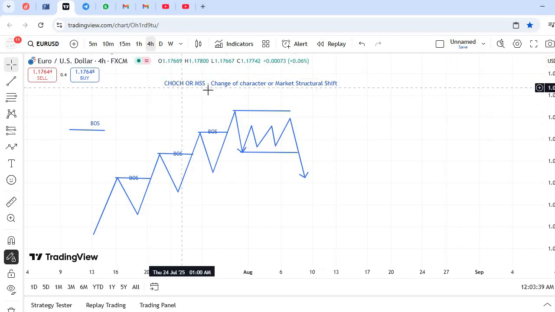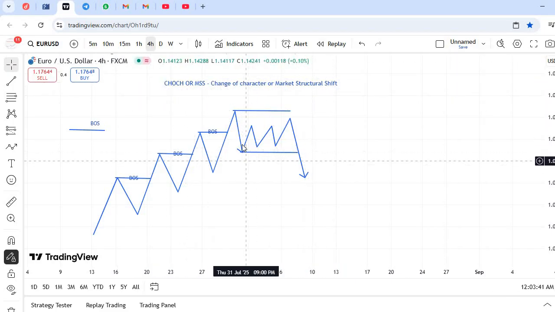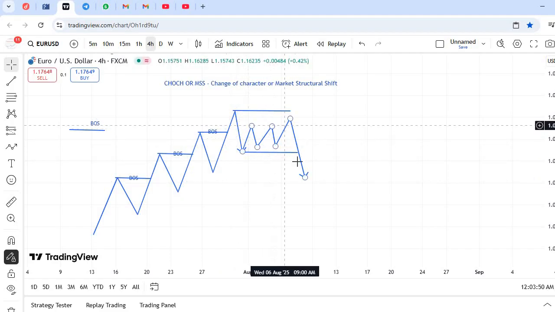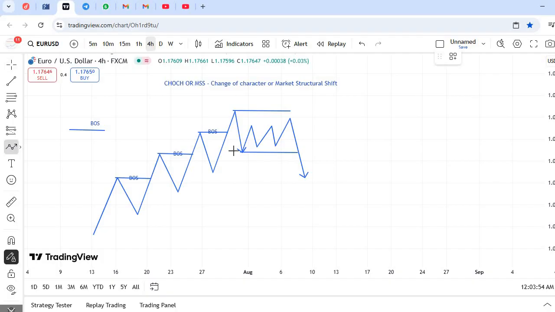So this low has been taken out. That means that there is now a change of character or a market structural shift. So since this low has been taken out, we now have a new trend.